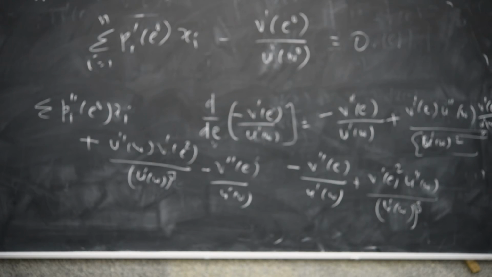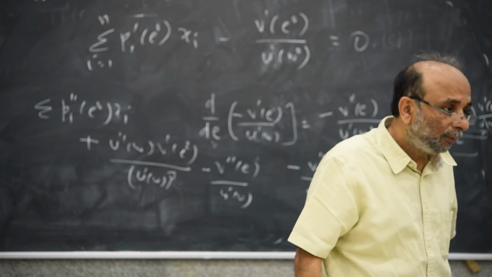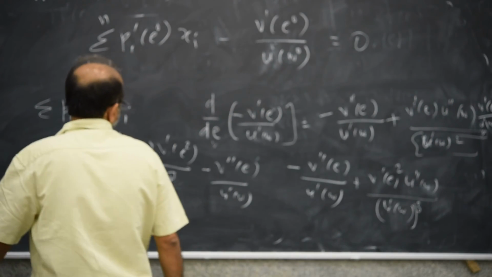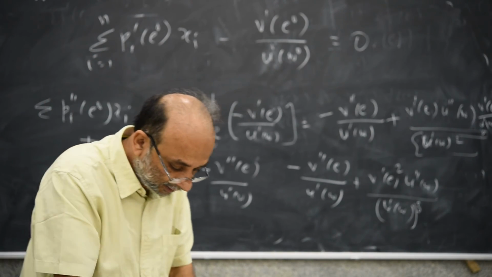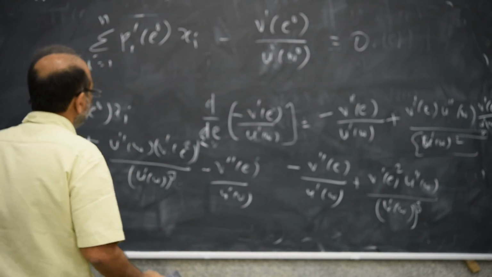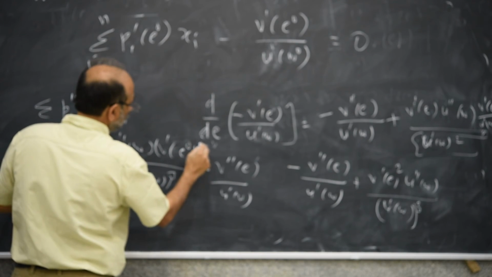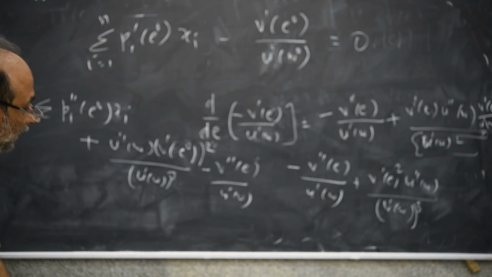So V double dash of E is positive. What is U dash of W, positive or negative? Positive. That's V dash of E the whole square.